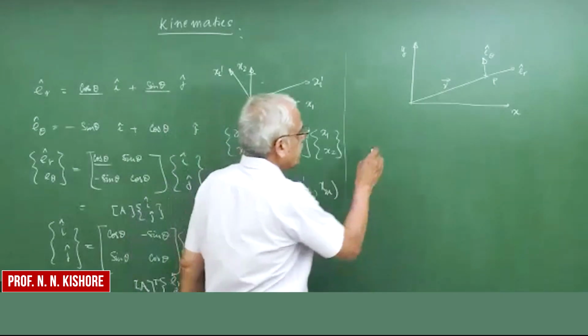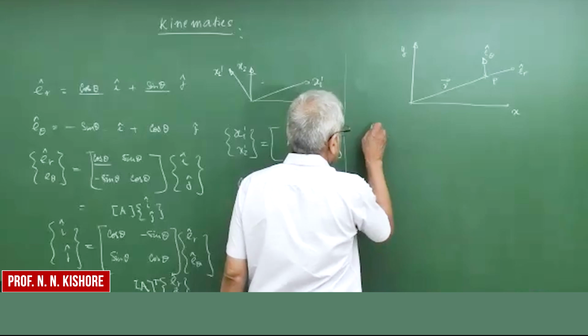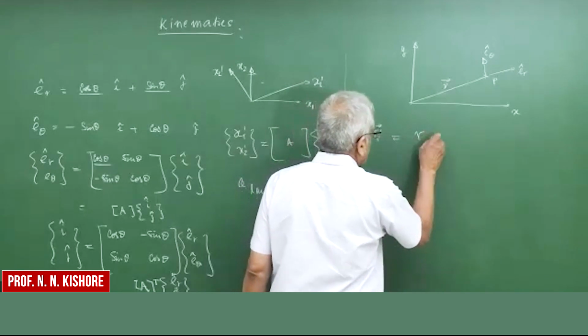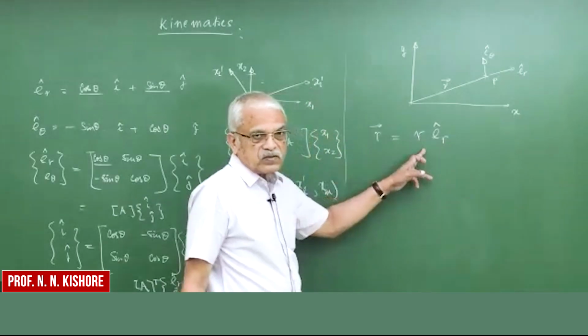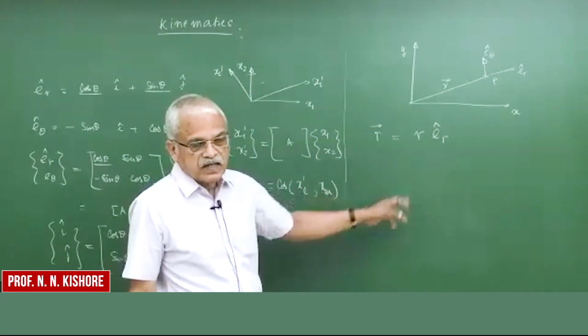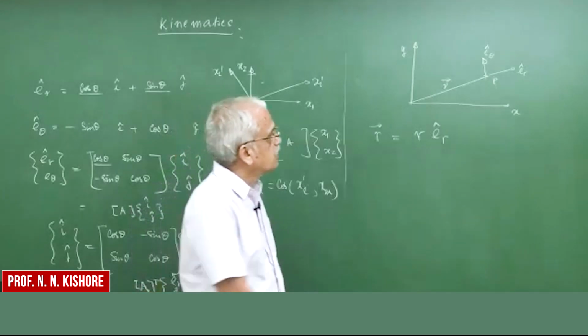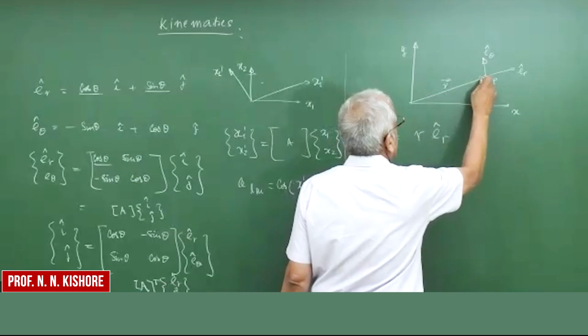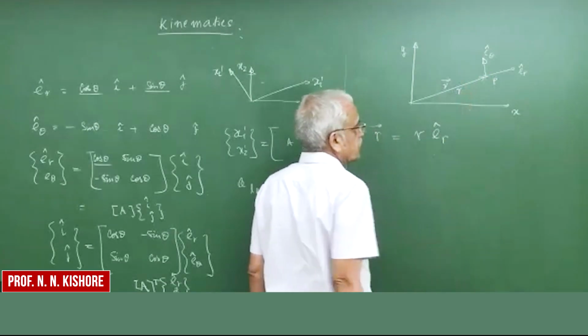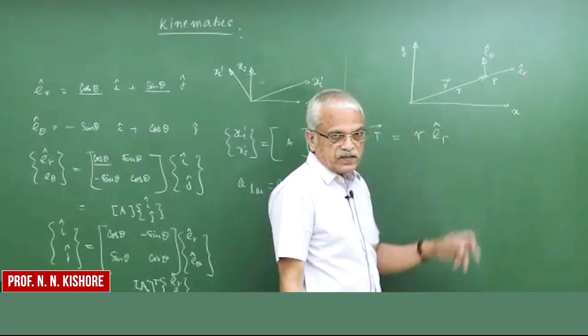Okay, so the position vector r here, for example, is given as r times e_r, right? So then I want to derive the velocity relationship here. The magnitude is r, and it's in the direction of e_r.